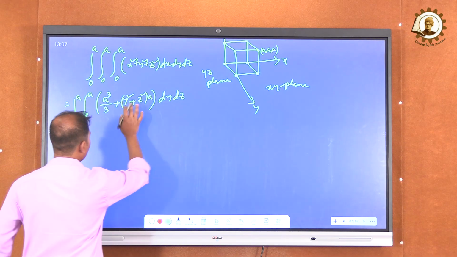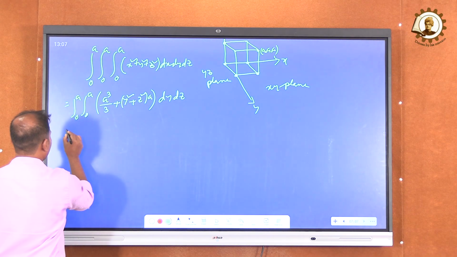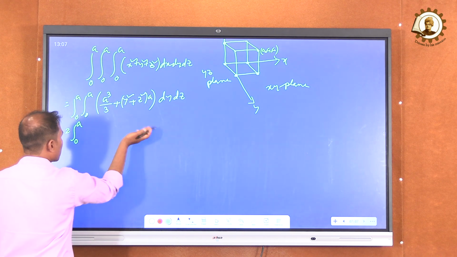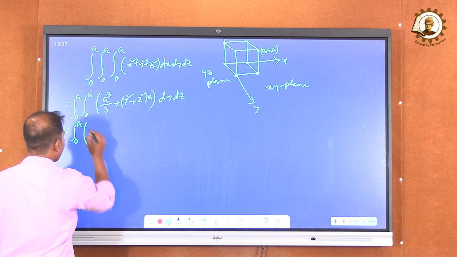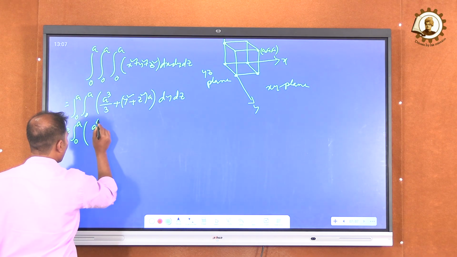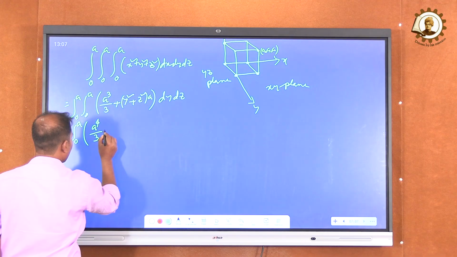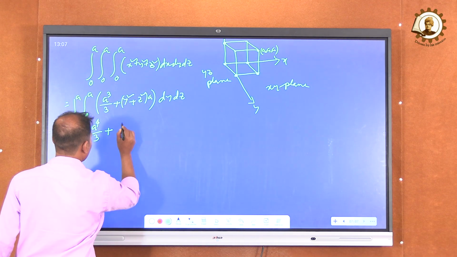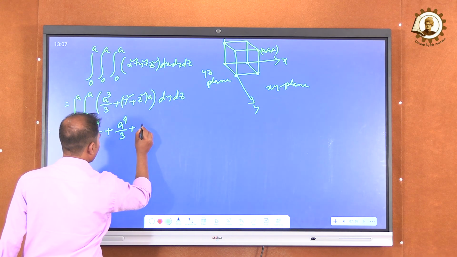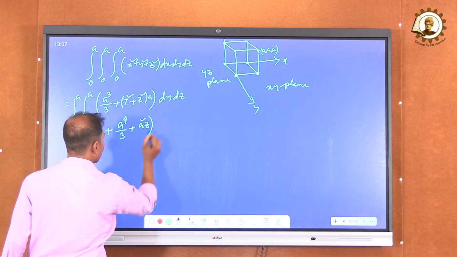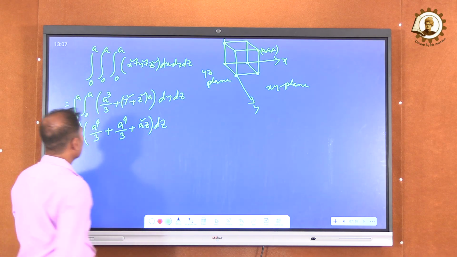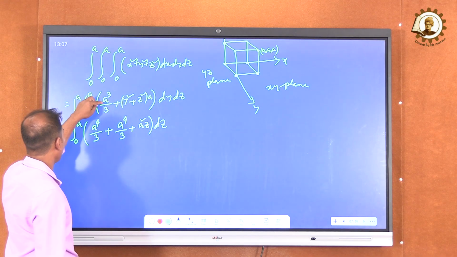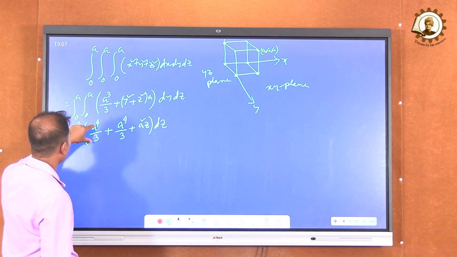Again, if we integrate with respect to y from 0 to a, we get a to the power 4 by 3 plus a square z, and y cube by 3 gives a to the power 4 by 3.